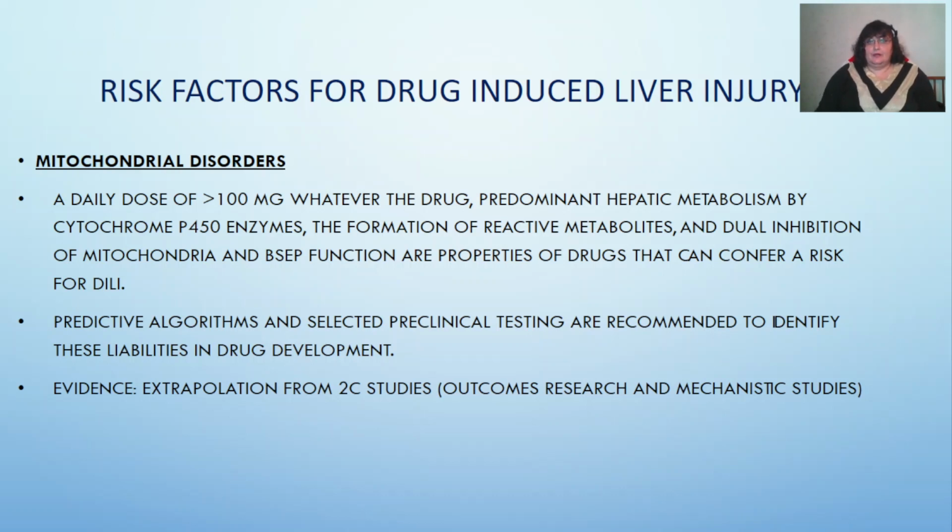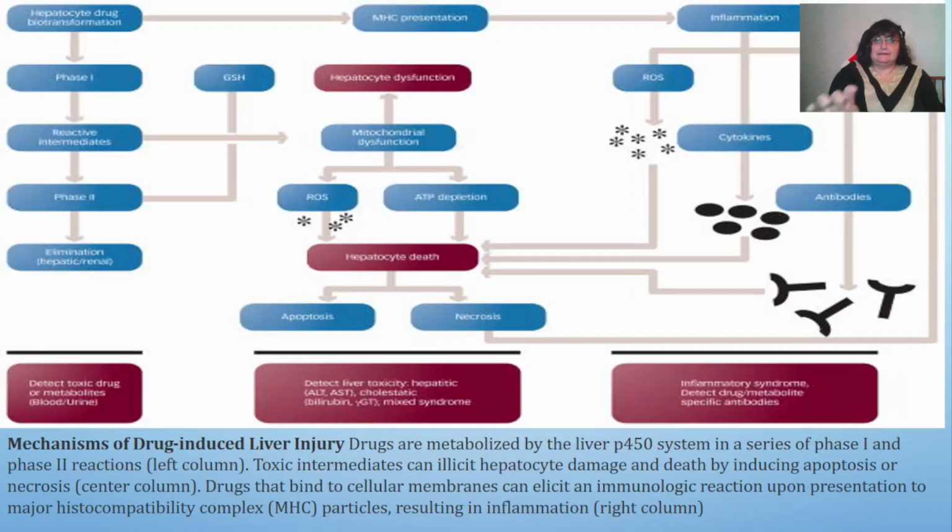A daily dose more than 100 mg, whatever the drug, predominant hepatic metabolism by cytochrome P450 enzymes, the formation of reactive metabolites, and dual inhibition of mitochondria and BSEP function are properties of drugs that can confer a risk for DILI. Predictive algorithms and selected preclinical tests are recommended to identify these liabilities in drug development. Evidence extrapolation from 2C studies, outcomes research, and mechanistic studies.